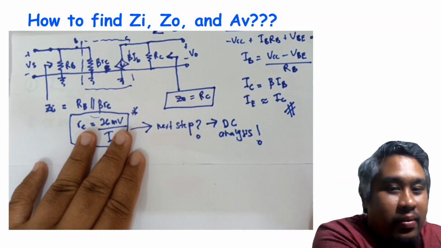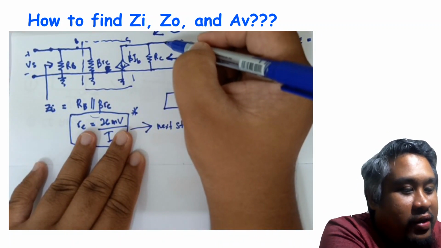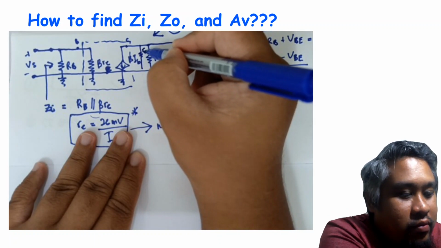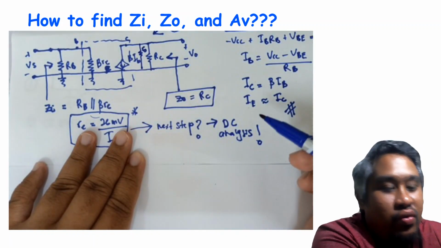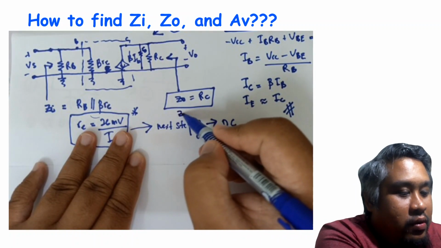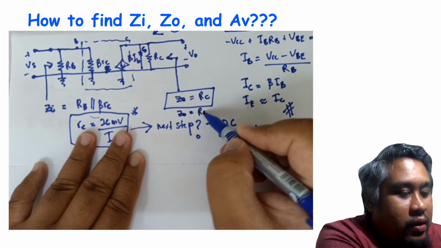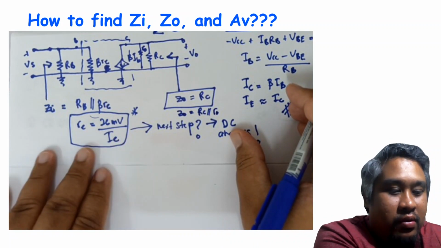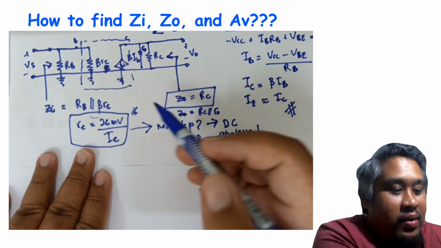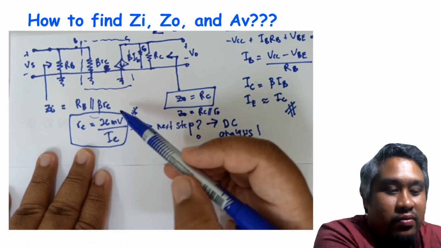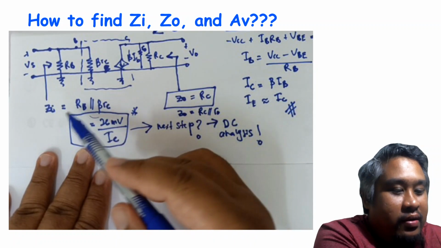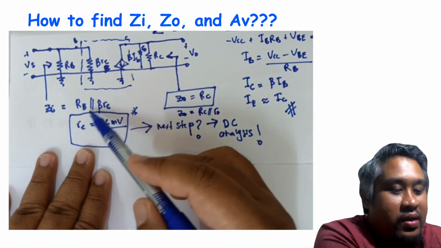If the question asks you to include R out here, we have to use Z out equal to RC parallel R out. By default, we just use Z out equal to RC, and ZI equal to RB parallel with beta RE.